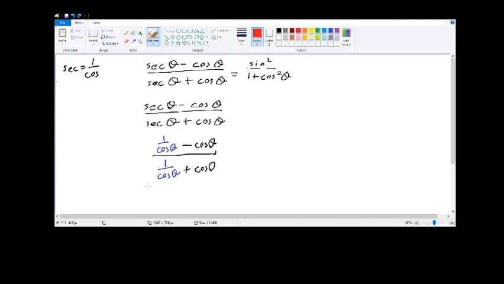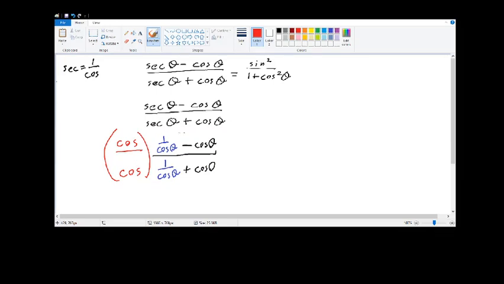Sorry. We will be multiplying by cosine over cosine, but in this case, we also need to work at the entire fraction as a whole. So we have two options. We could either try and multiply this cosine on the right by cosine over cosine, or if we take a look at the fraction as a whole, rather than each individual numerator and denominator, what if we multiplied the entire fraction by cosine over cosine?